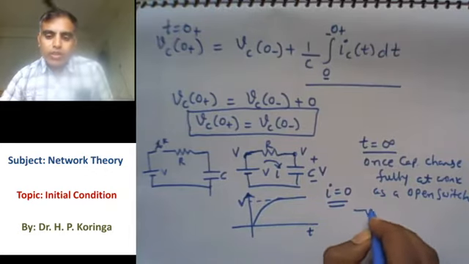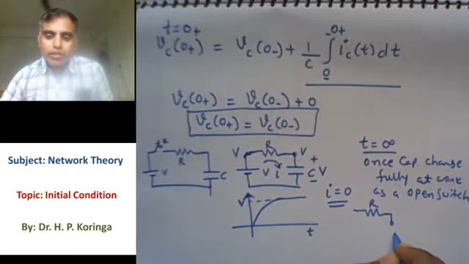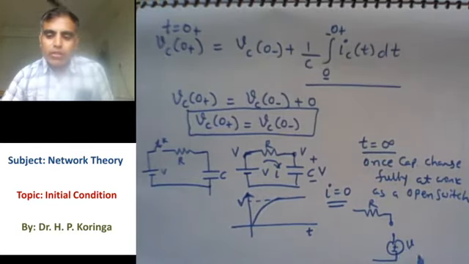So this circuit works as an open switch, with the voltage source of V being the voltage across the capacitor.